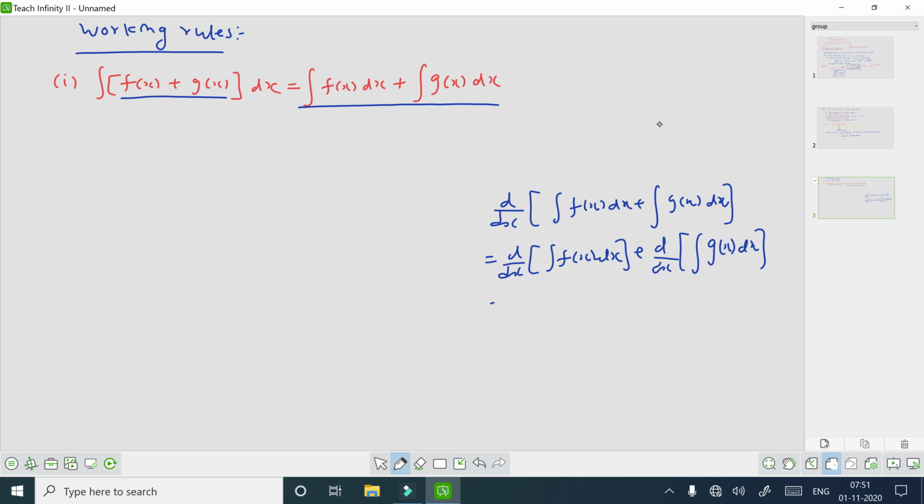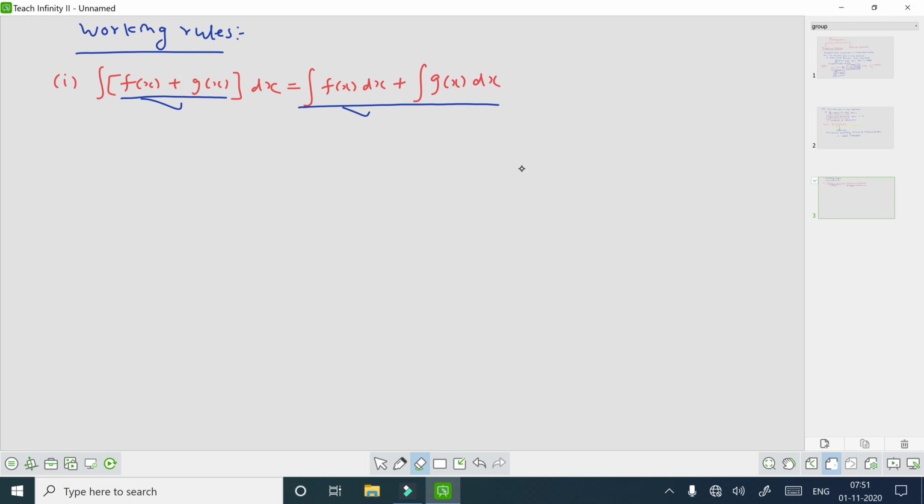Now we know that that is equal to f of x, and that is equal to g of x. So the derivative of this portion is f of x plus g of x, and therefore this integral is equal to this much. Now please see here, the second working rule. On the same line we can prove it, but right now we are not going to prove it.